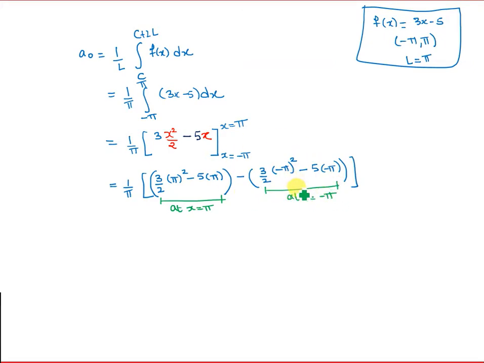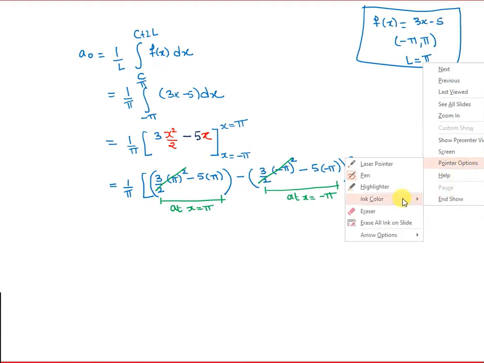Now we just simplify. If we simplify, we see that minus pi square becomes plus pi square. So this term cancels with this term. And we are left with this term. This will be minus minus, so it will become plus. And then you have minus here, 3 times minus.